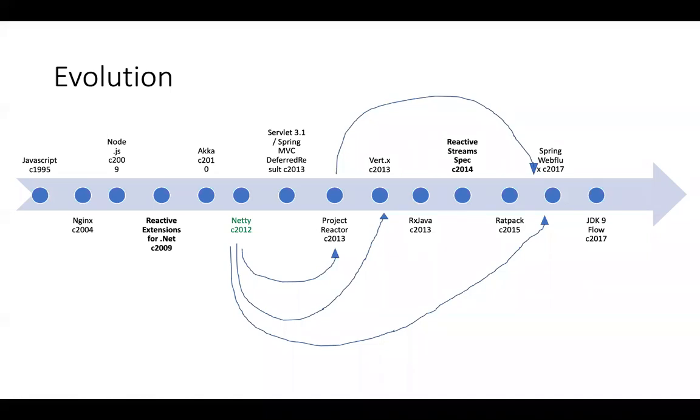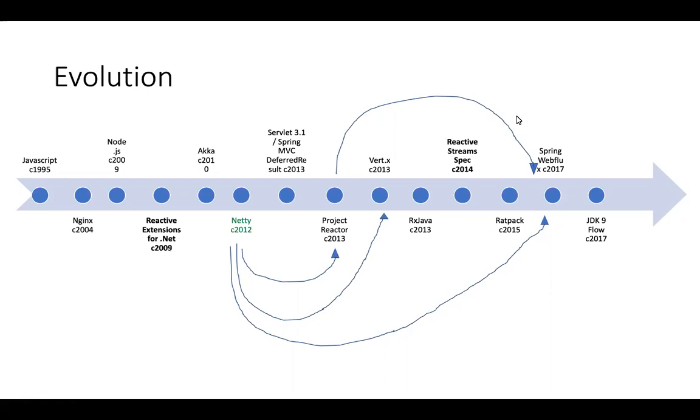And it is there for multiple languages, not just Java. So the Rx specification, the Reactive Extensions .NET 2009 specification, was implemented for multiple languages, Java, JavaScript. We have reactive wrappers in the form of the Rx prefix for almost all of the languages.